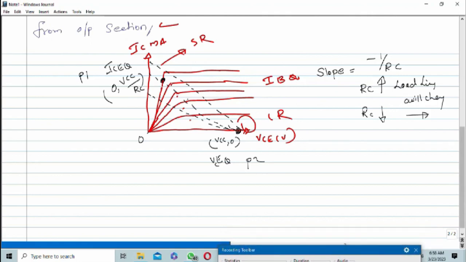At this operating point we get the perfect Q point, so there is no clipping going to happen. From this point we are going to get some clipping. This area is going to clip, and the same thing here also, some clipping in this area.